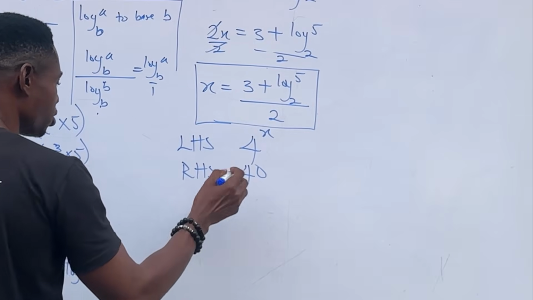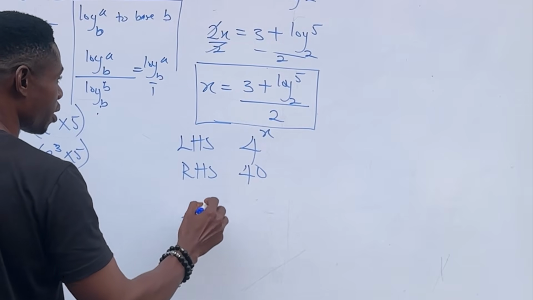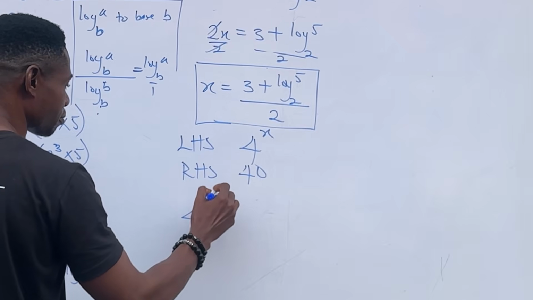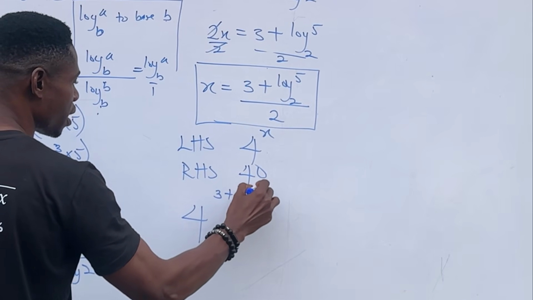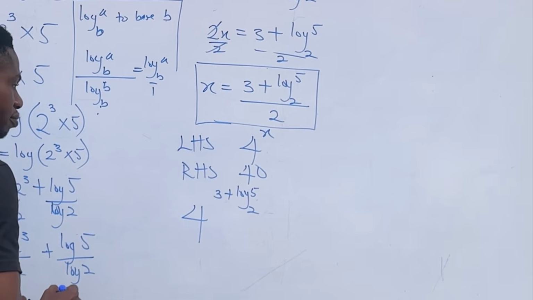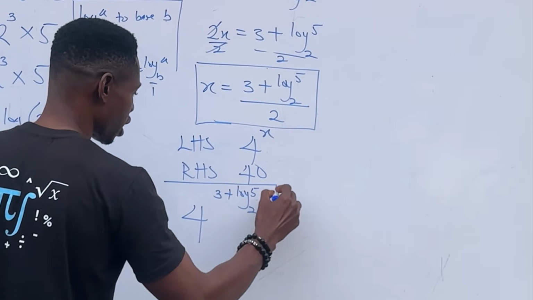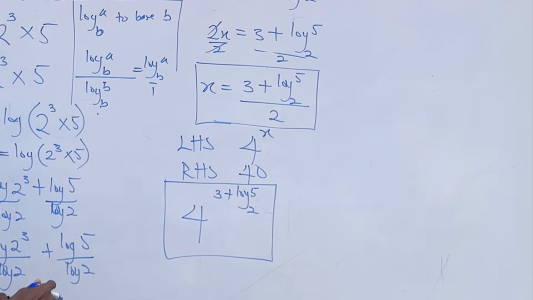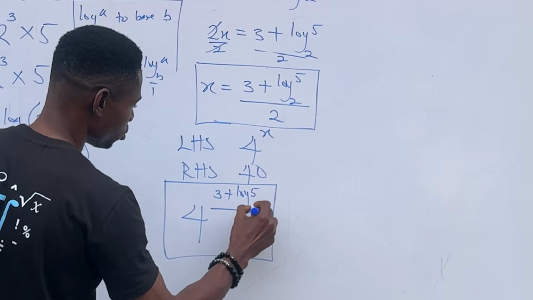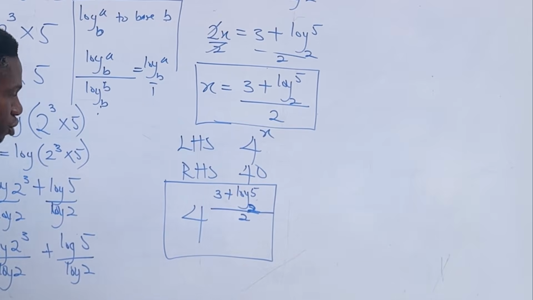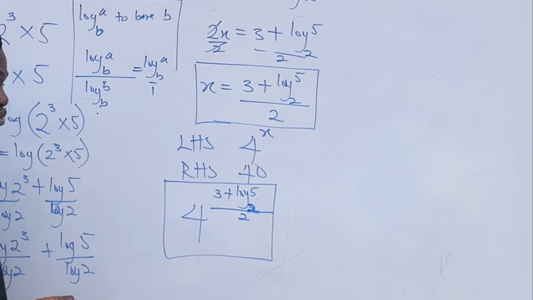So let's go. We have 4 raised to the power x, which is 3 plus log 5 base 2, all divided by 2. Let's see if this will actually give us 40 when simplified. First, we know that 4 is 2 squared.